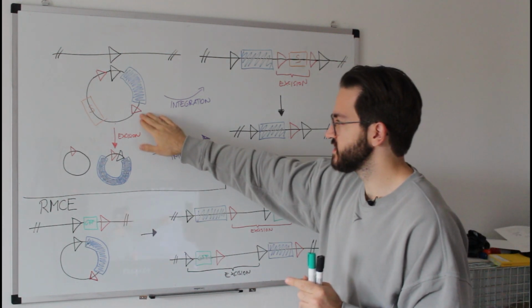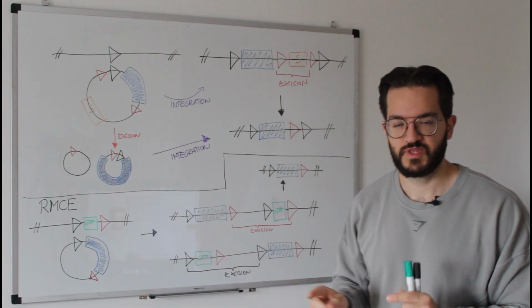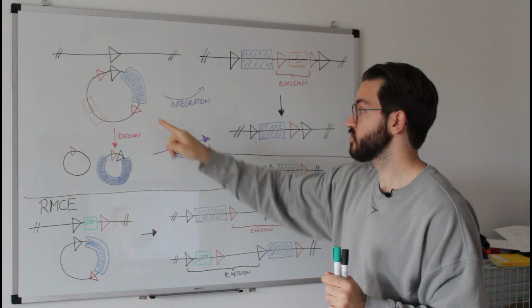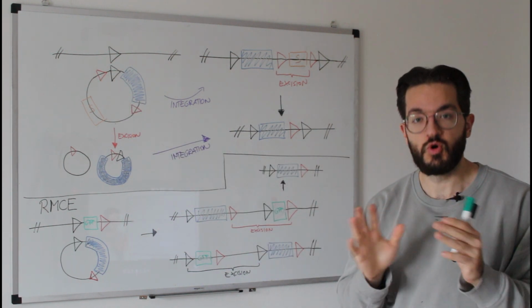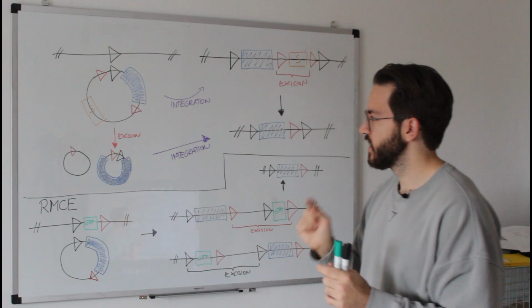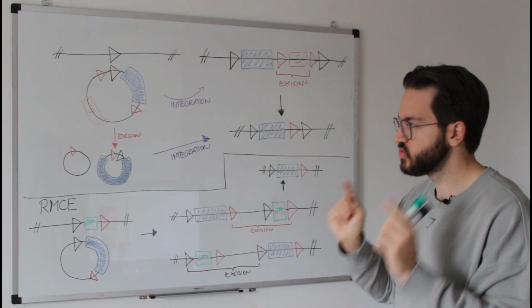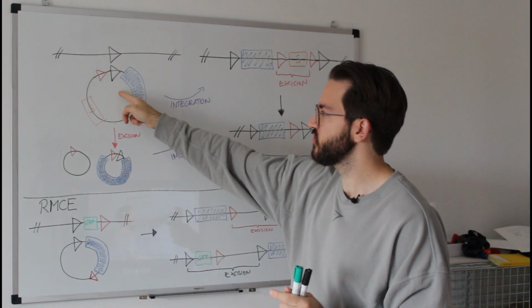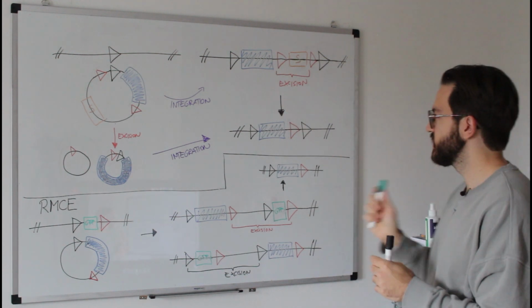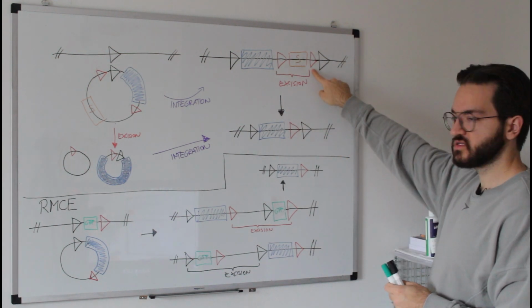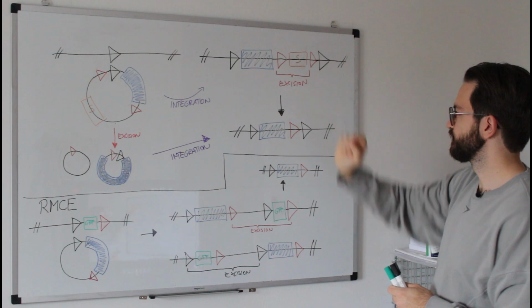Let's think about the attachment sites here in red. Their only purpose is to remove the sequence in between, to remove the backbone of the plasmid. That's all they do. And so what we can do now is think about first integrating the plasmid, then we're here. And what if, so let's look at this recombination site here in red.